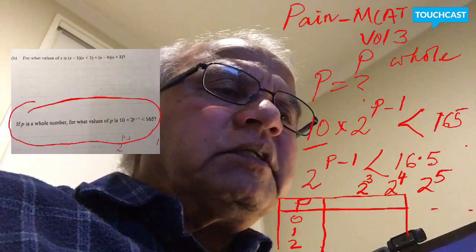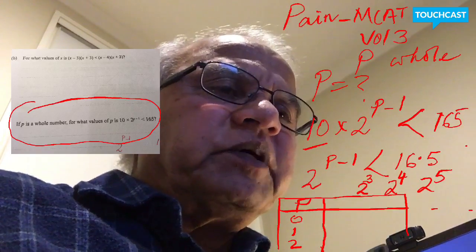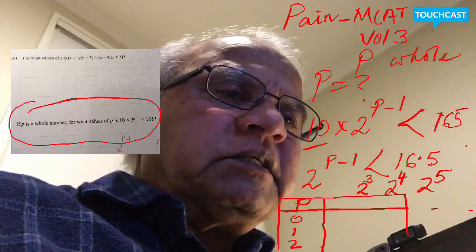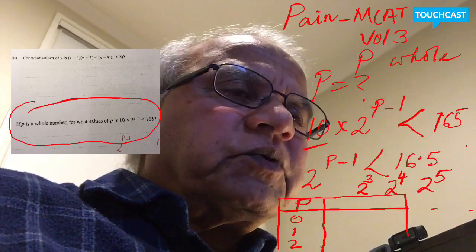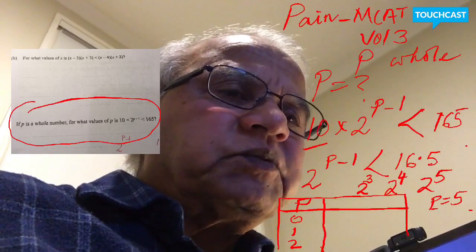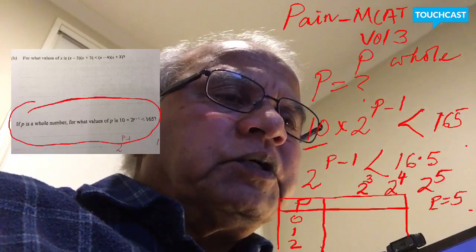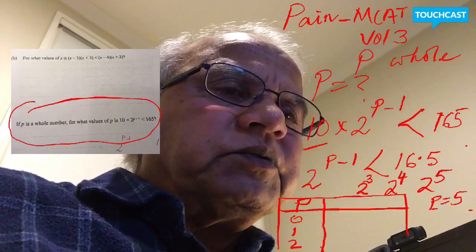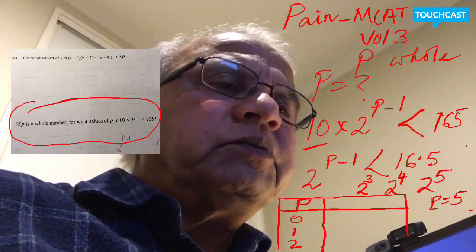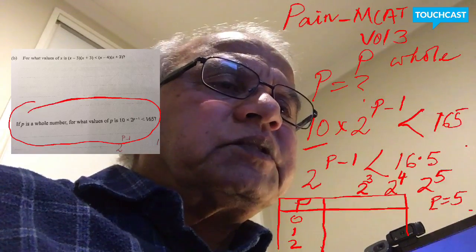So by trial and error process, we can figure out when this inequality is valid. Is it valid for p equals 5? 5 minus 1 is 4. 2 to the power 4 gives you 2 times 2 times 2 times 2, so 16.